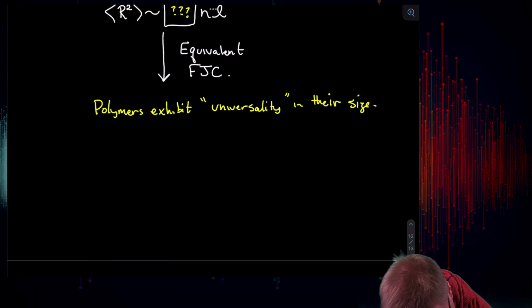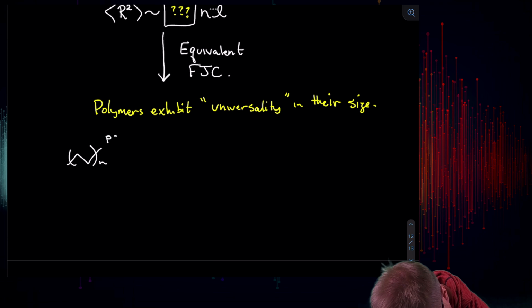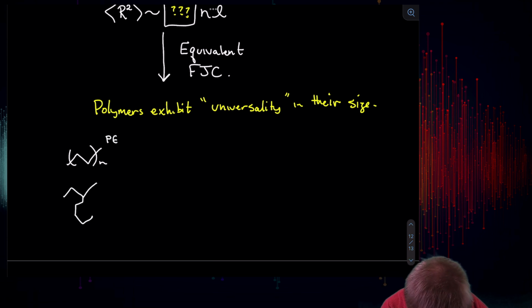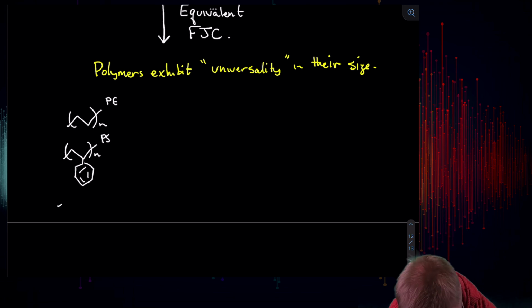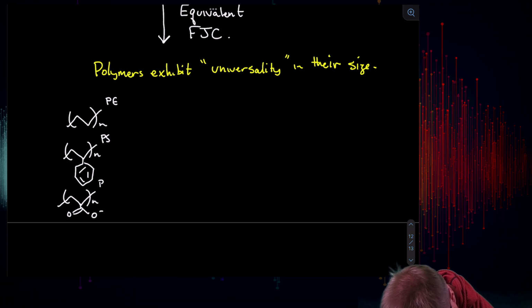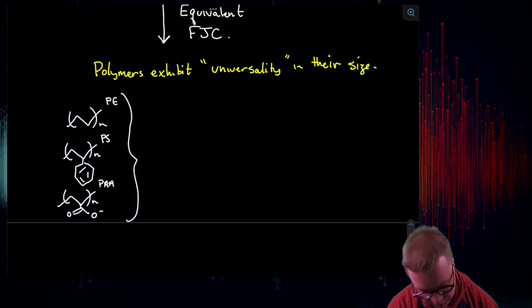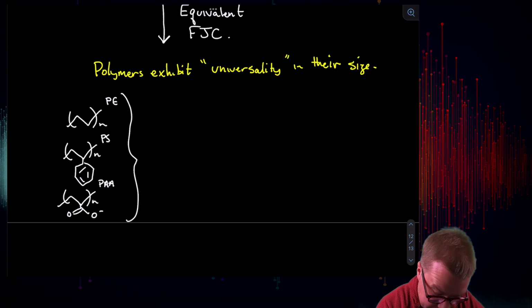And so what we do is we take a bunch of different polymers. So for example, if we have polyethylene, or if we have polystyrene, or something crazy like maybe polyacrylic acid, these all have different characteristic ratios.